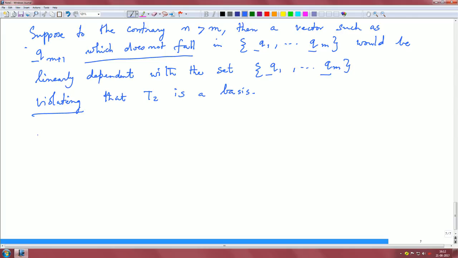So we do this in the reverse argument. So we started off with some element in T2 and expressing it in terms of T1 and then replacing that element in T1. So we can do this in the reverse argument.